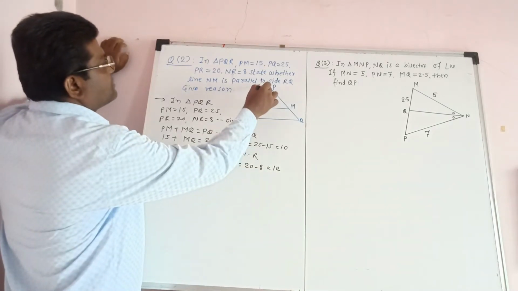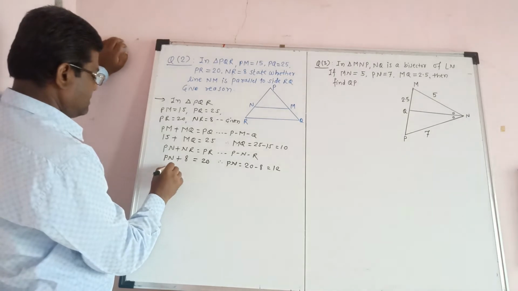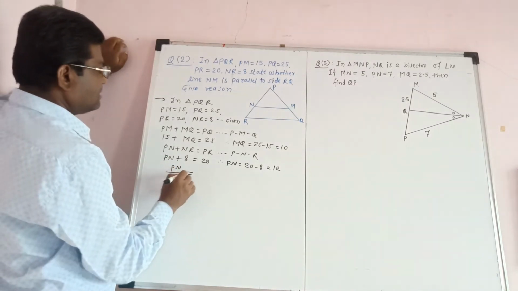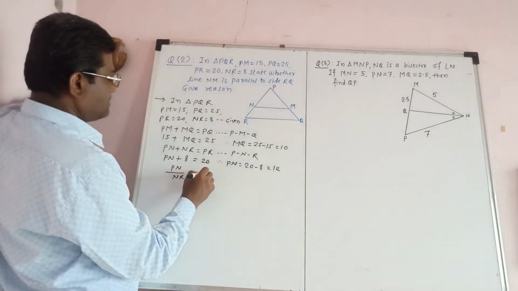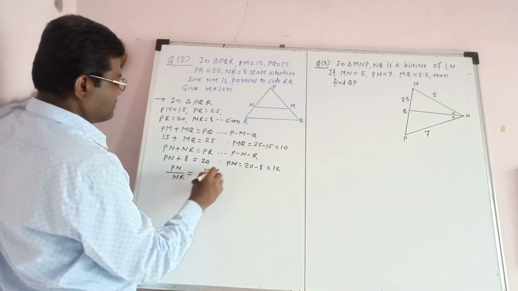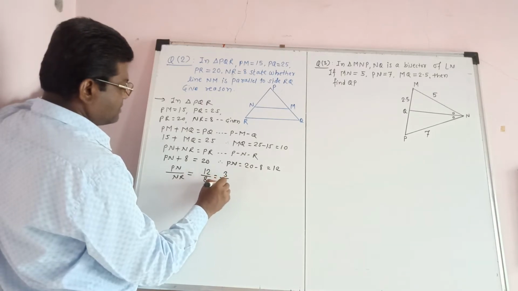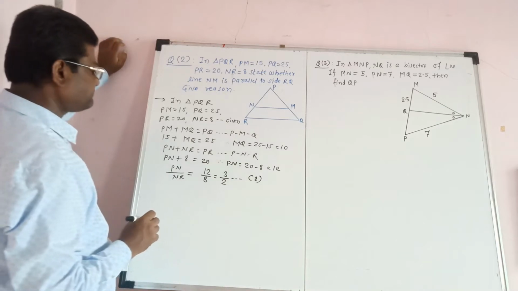Now take the ratio of PN and NR, that is PN upon NR is equal to 12 upon 8, divide by 4: 4 3s are 12, 4 2s are 8. This is equation number 1.